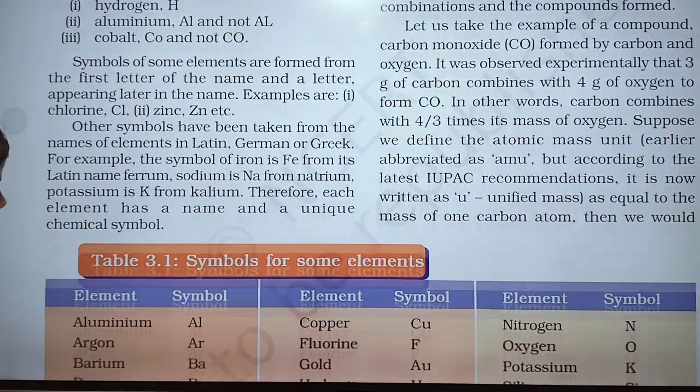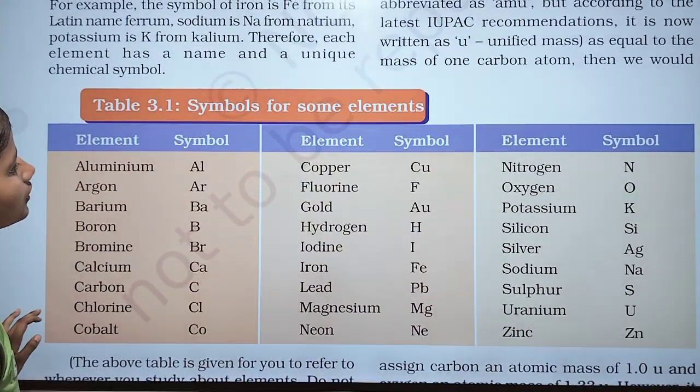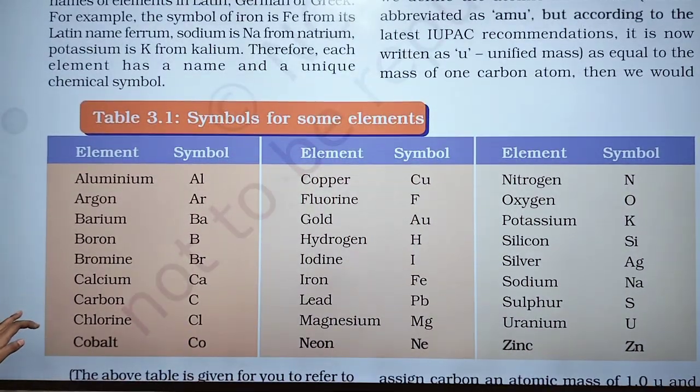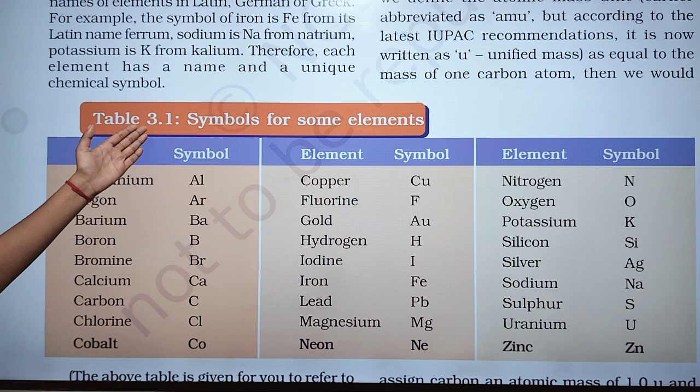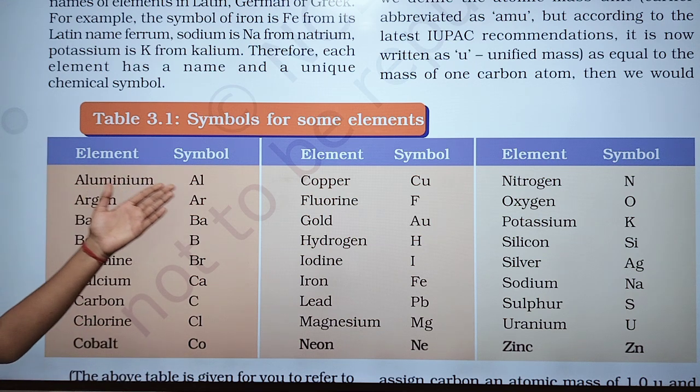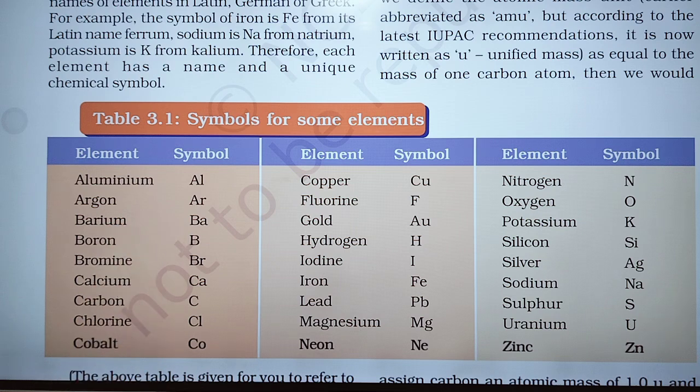Here is a table of symbols for some elements, like aluminium, argon, rhodium, bromine.